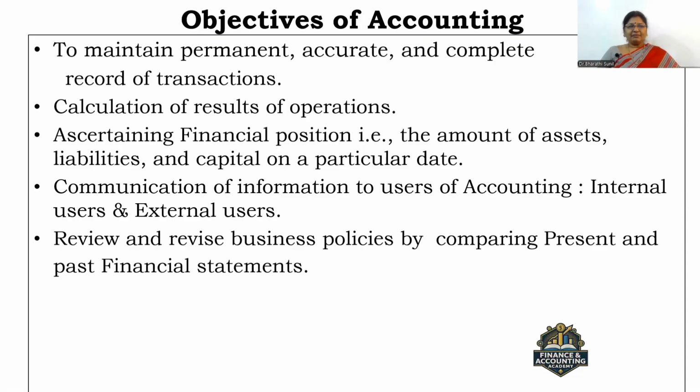Next, ascertaining financial position. How can this happen? When the company prepares a balance sheet. In the balance sheet, the company can know its assets, liabilities, and its capital on a particular date.